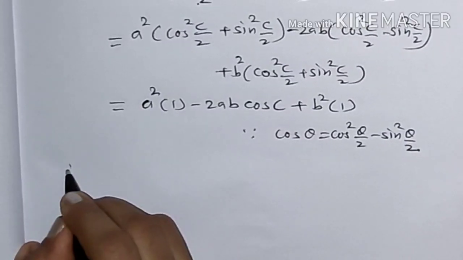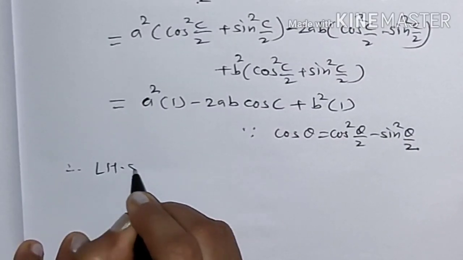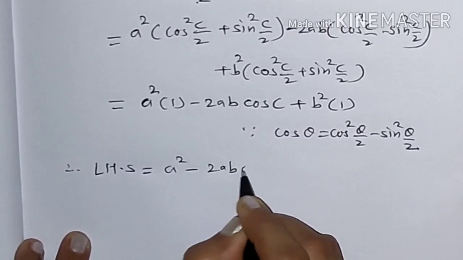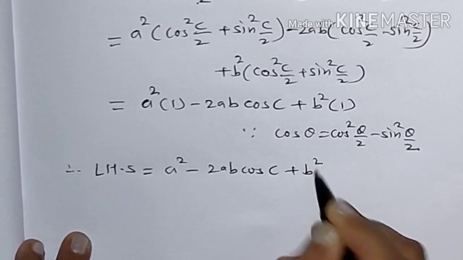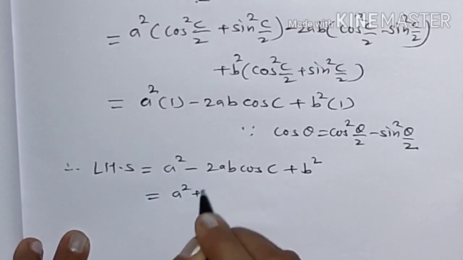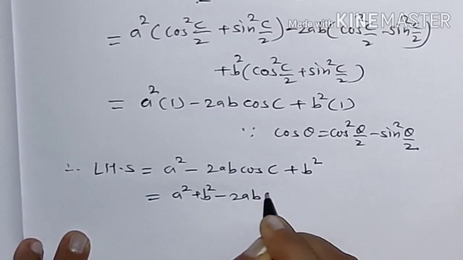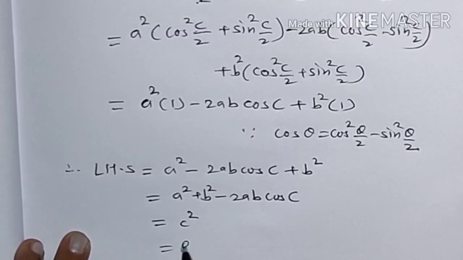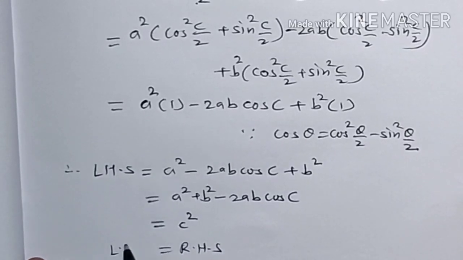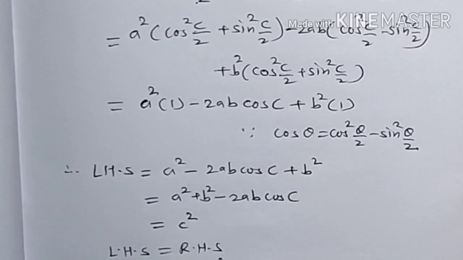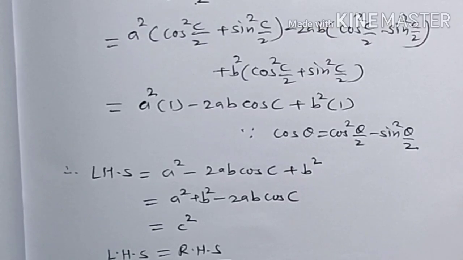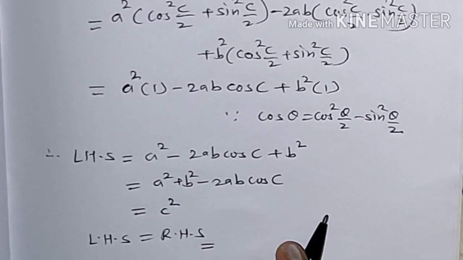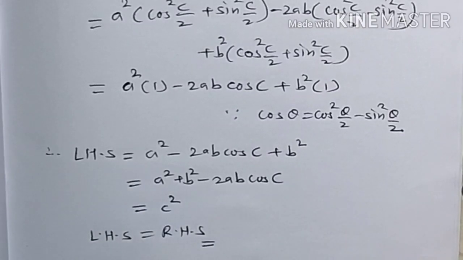Therefore, LHS is equal to a square minus 2ab cos C plus b square. It is nothing but a square plus b square minus 2ab cos C, that is equal to c square, RHS. So we have proved that LHS is equal to RHS. So we have derived the cosine rule, and we have seen a few applications of the cosine rule.